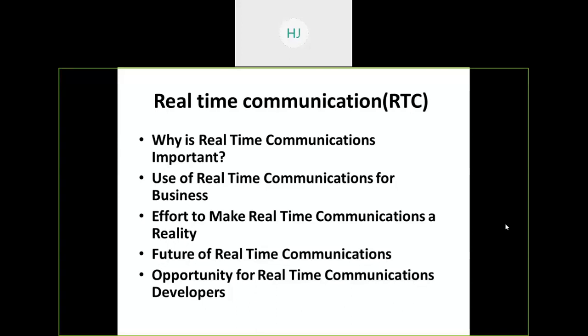For real-time communications, they thought to avoid conflicting technologies through standardization. In 2011, a joint effort got underway by the Internet Engineering Task Force, that is the IETF, and the World Wide Web Consortium, that is the W3C, to standardize real-time communications across the internet.